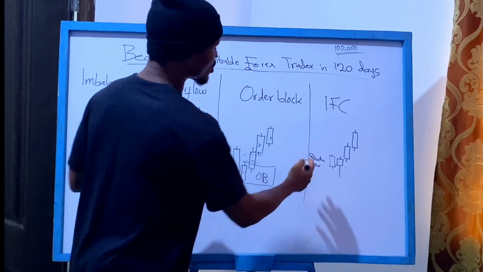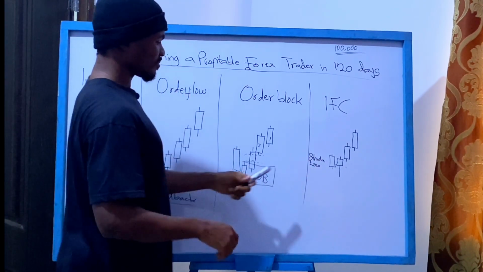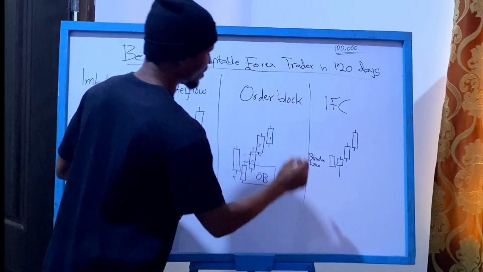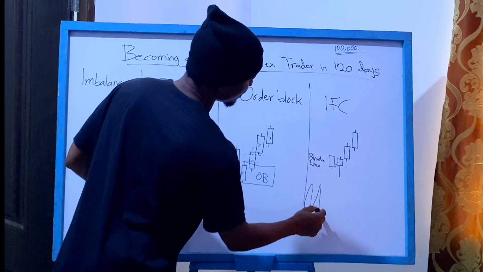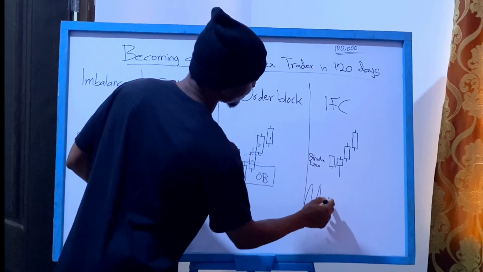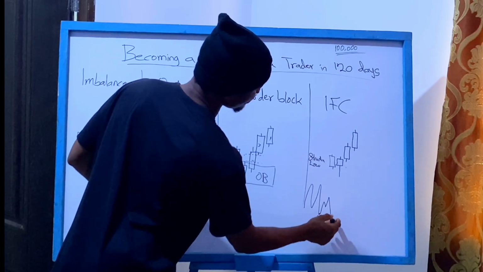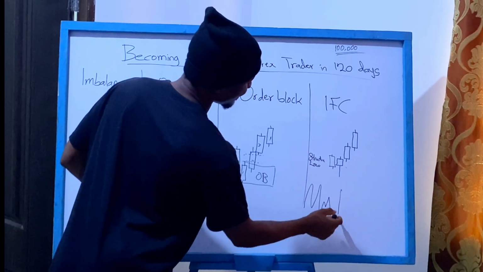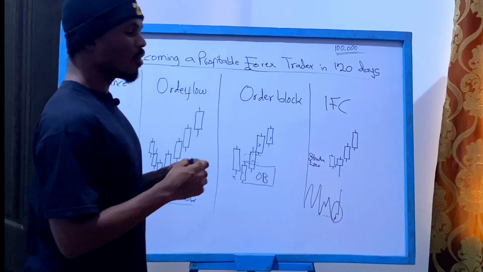I couldn't draw it over here, so I just wrote structural low. Meaning when price moves, let's say up and down, this is a low. Then price moves and comes down over here, then it took out the low over here. Then we see another move up. In the move over here, that is what we are going to look for as our IFC.